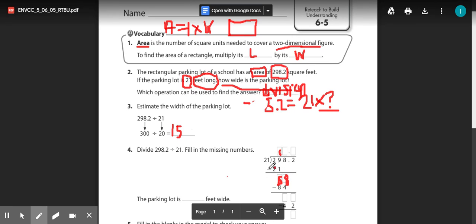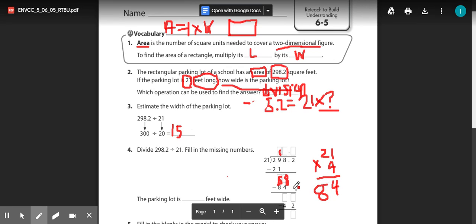88, can 21 go into 88? It can. How many times? Well, they're not telling us how many times, but they told us that 84 would be subtracted from 88. So let's think about this. I'm going to multiply 21 by 4 to figure out how many times you can go into it. 21 times 4, 4 times 1 is 4, 4 times 2 is 8.